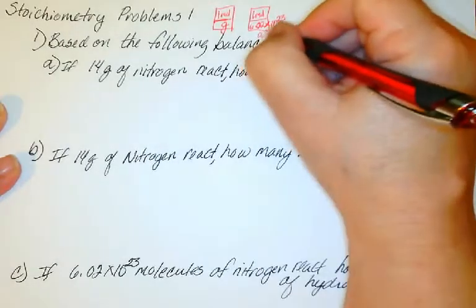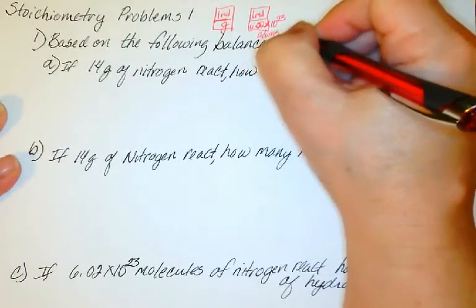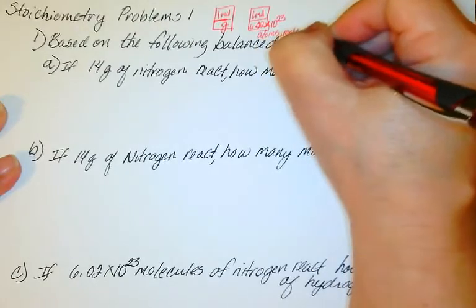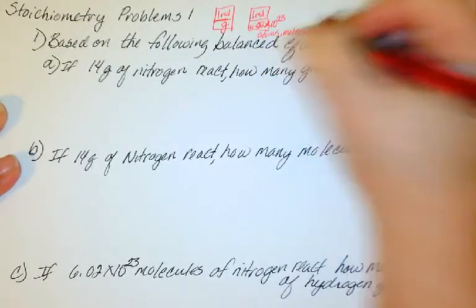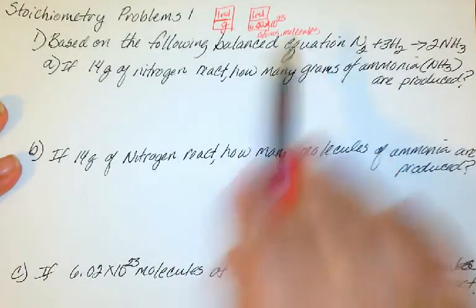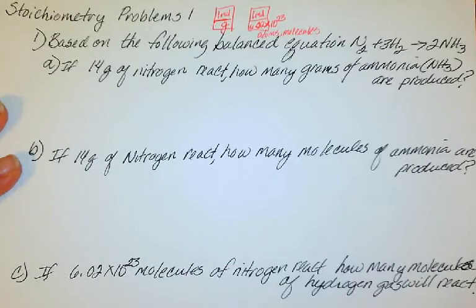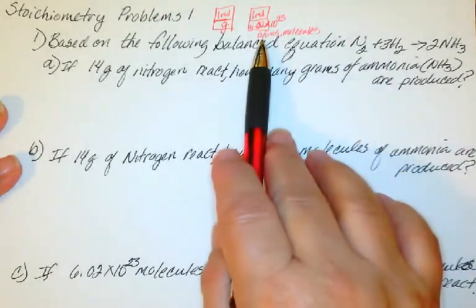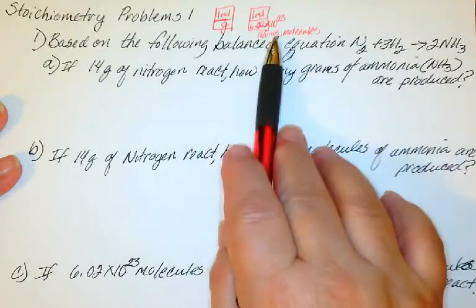Now that could be for atoms, it could be for molecules, it could be for ions, it could be for people, it could be for donuts, it could be for eggs. It doesn't make a difference. In chemistry, most of the time we use them for atoms or molecules or even ions. All right, so I have to decide, though, I can't use them mixed up.